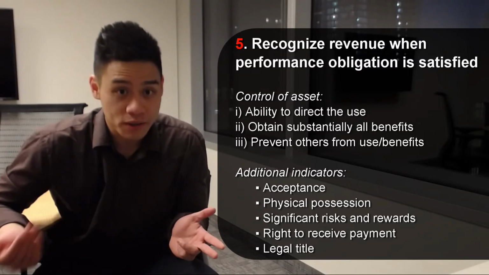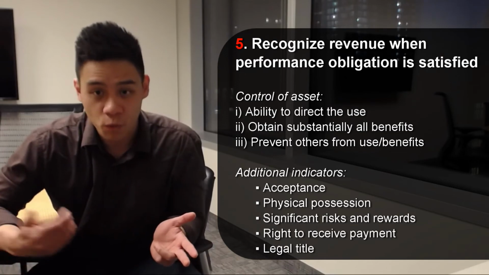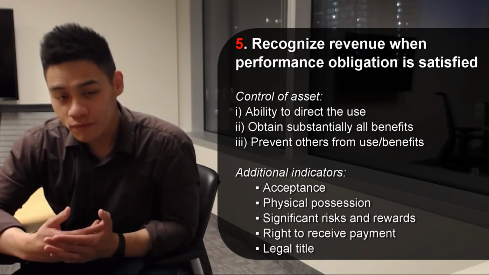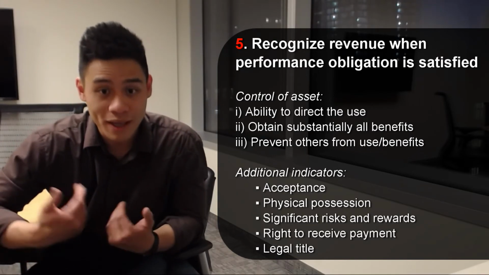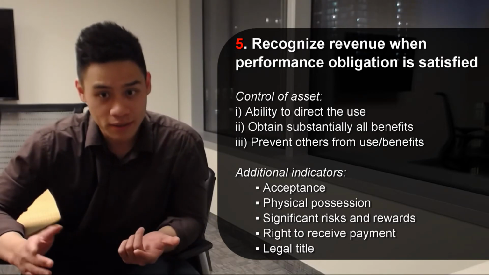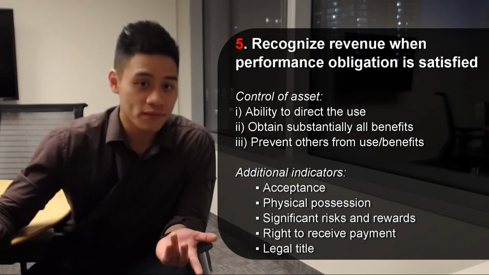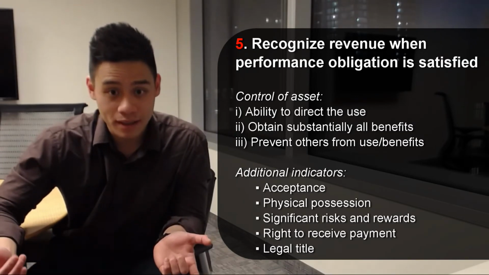Third is the customer has the significant risks and rewards of ownership of that asset. Fourth is that we have the present right to receive payment for that asset. And then fifth is the customer has the legal title for that asset.